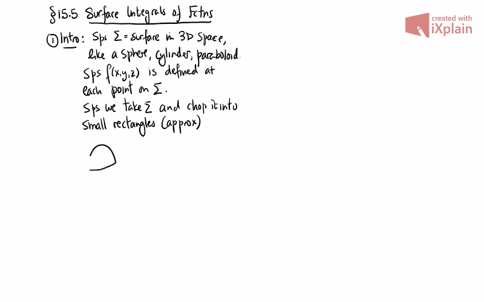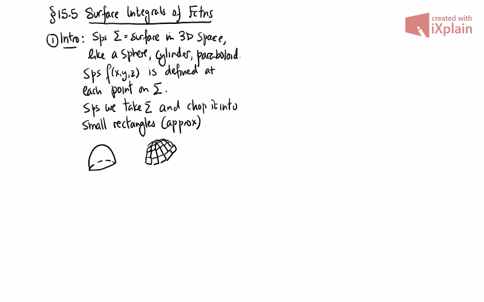For example, if you had a paraboloid, you could chop it into small rectangular pieces. We're thinking of this really informally, so don't worry if the rectangles don't match up.